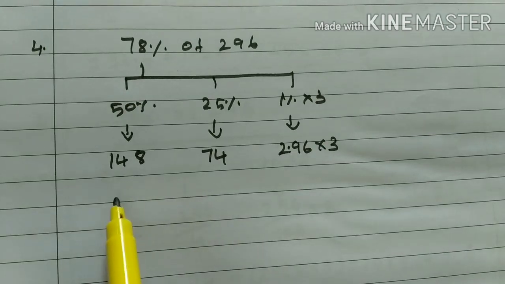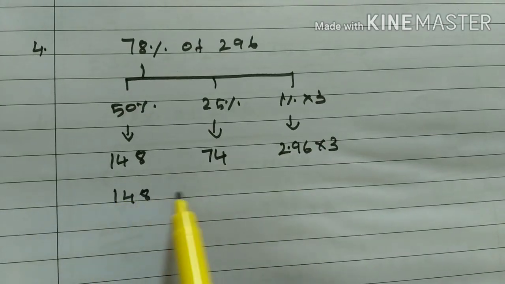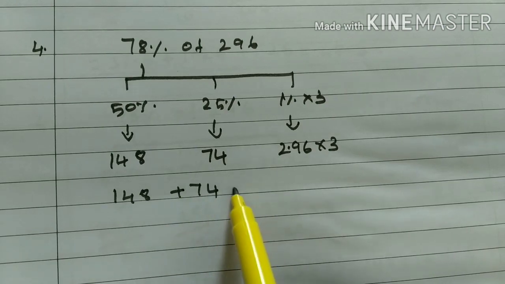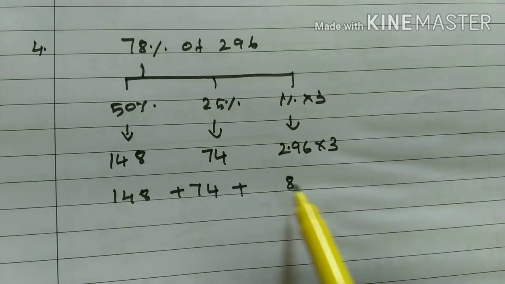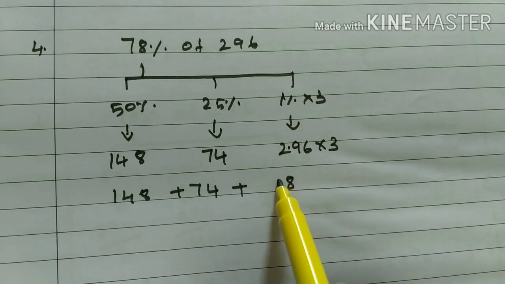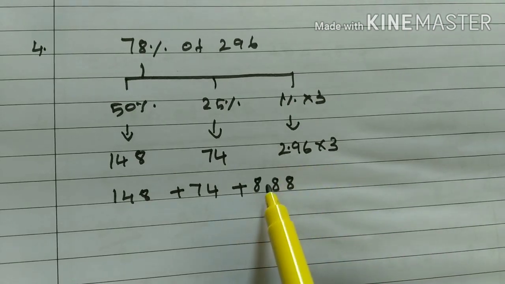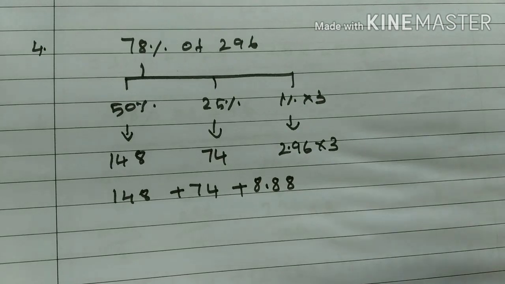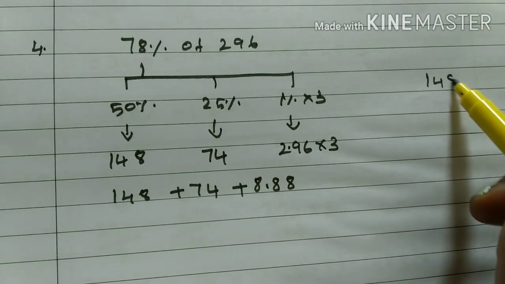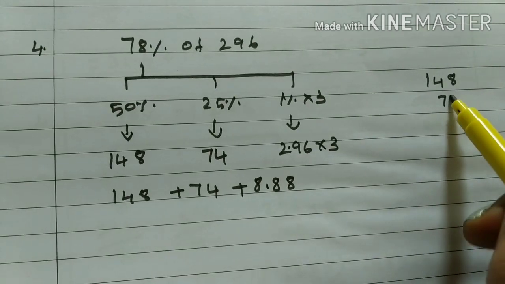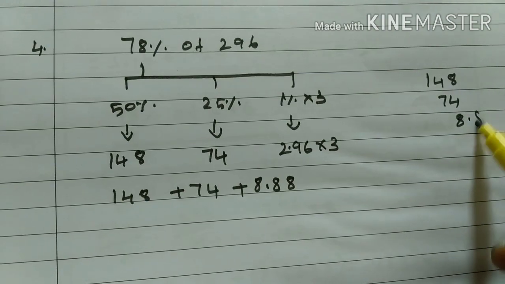Now we are going to add these three numbers: 148, 74 and 8.88.